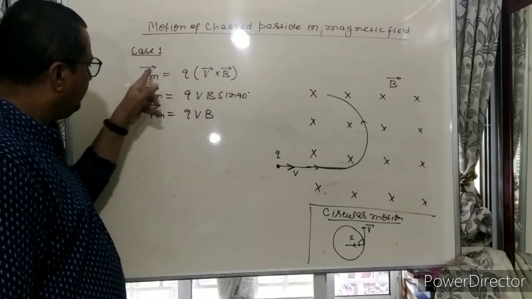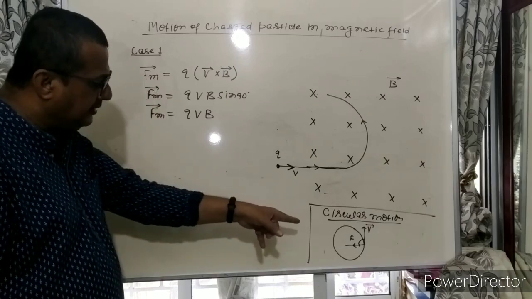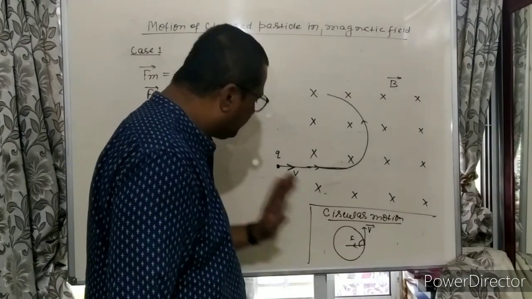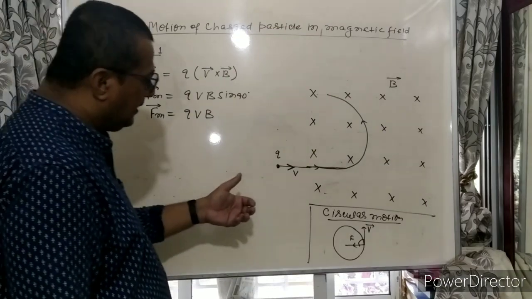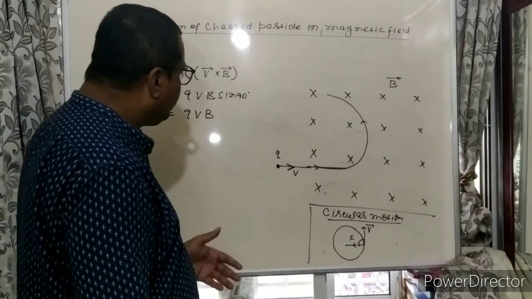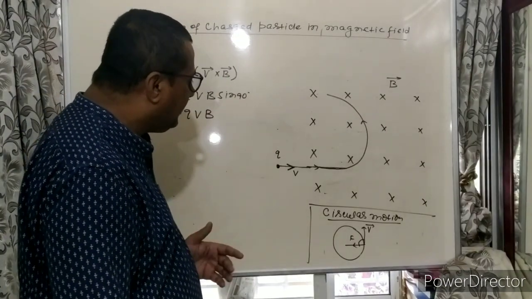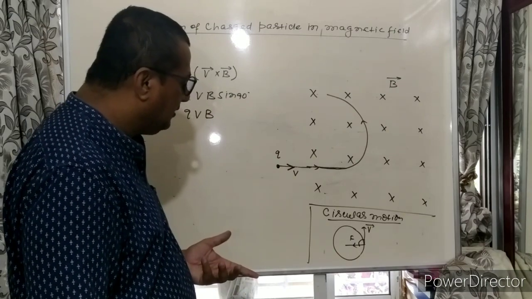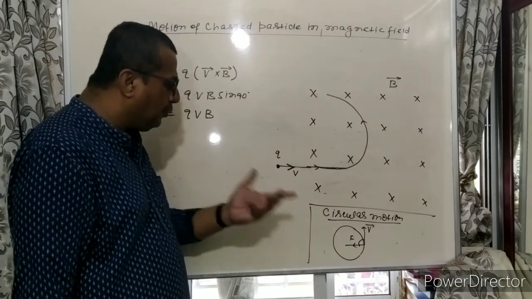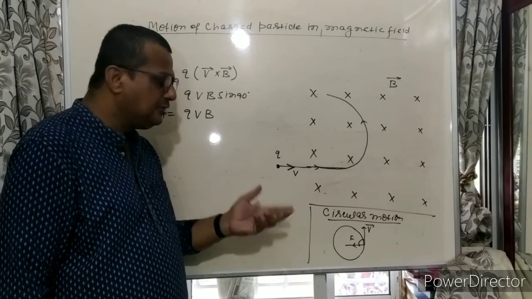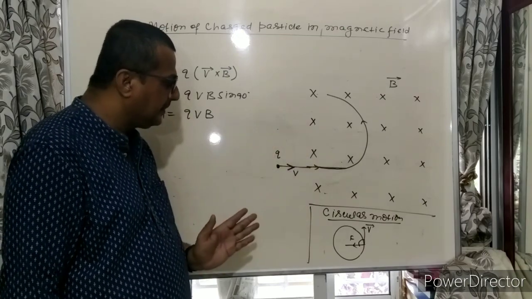So the angle between V and Fm is 90 degrees, so it moves circularly. Since the charged particle is entering inside the magnetic field perpendicularly, the angle between force and velocity is 90, so it moves circularly.